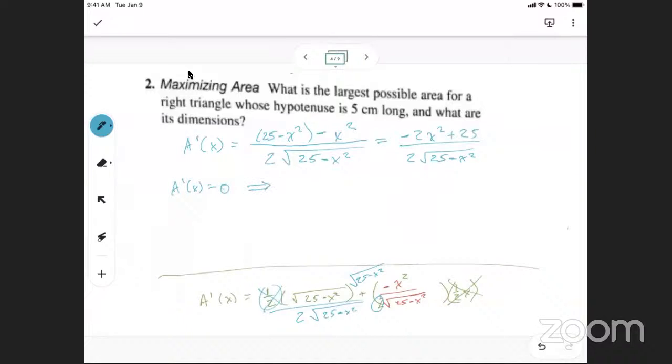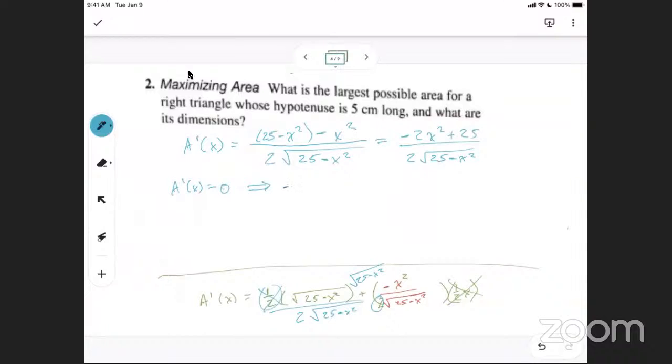Nope, don't even need to do that. All I'm trying to do is find out where this thing equals 0. Does it even matter what is in the denominator? Oh no, it doesn't, because all that matters is making the numerator 0. In fact, I can't make the denominator 0, because that would be undefined. So I'm trying to find out where the numerator equals 0.